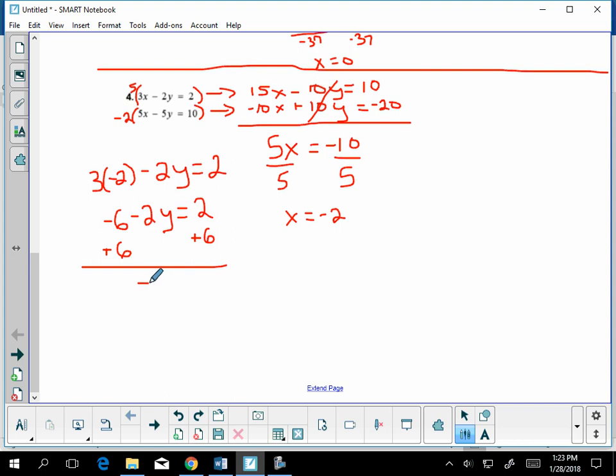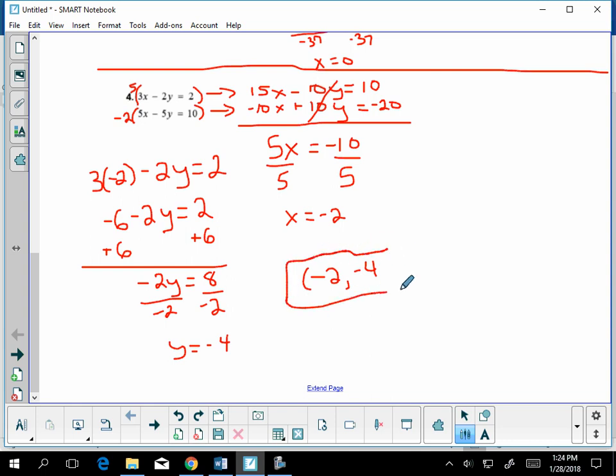I get negative 2y equals 8. Divide by negative 2. Y equals negative 4. So my ordered pair there is negative 2, negative 4. Oops, I almost forgot part of my parentheses.